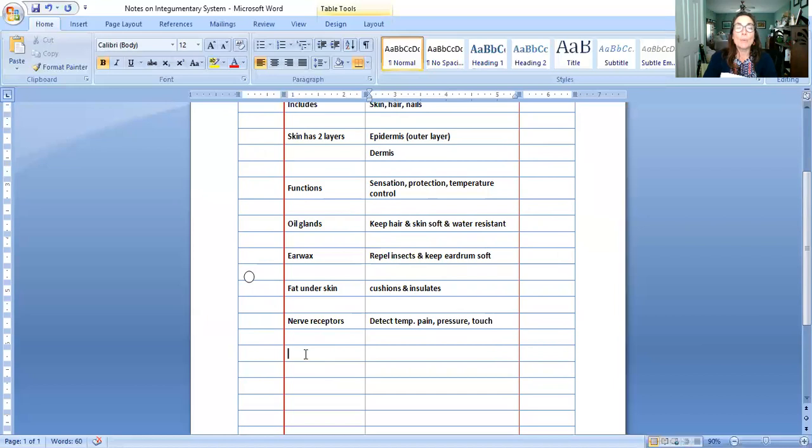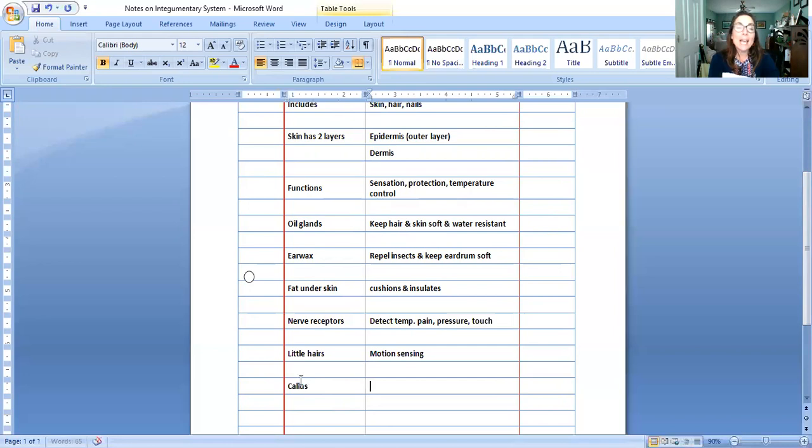So that's good if we want to detect our environment. We want to know what's going on around us, if something's pressing up against us or not, if it's something sharp or something that we don't have to worry about. The little hairs on our skin help us with motion sensing. Of course, the hair on your head can help with insulation, but I'm talking about the little hairs that are all on your arms and legs.